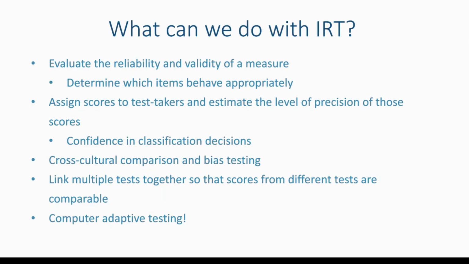And part of being able to use those is being able to link them with old data from other measures. And so there's dozens at least of new measures that they've linked using IRT techniques to the old measures so that you don't have to throw out all your old data. You can convert your old data into the new PROMIS style data and continue your longitudinal studies, for example.